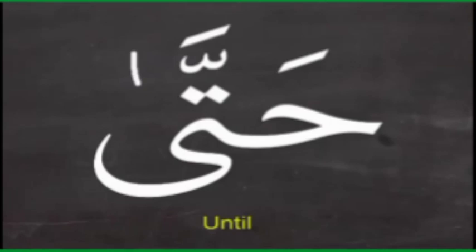Until, jab tak. I'm sorry I didn't say the translations for the last two words. Ala in Urdu is par. Ala means par, on, and ma'a means with, yani ke saath. Here we have hatta, yani until, jab tak, yahan tak, wahan tak, anything.